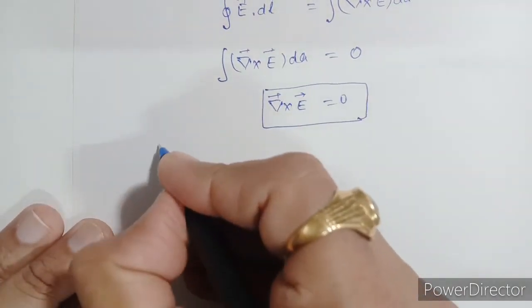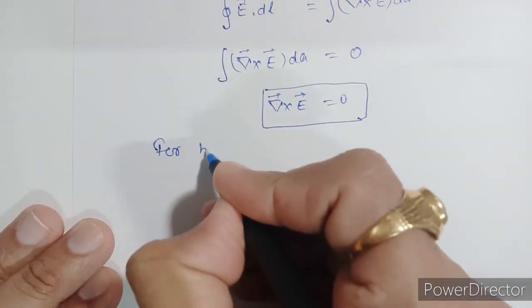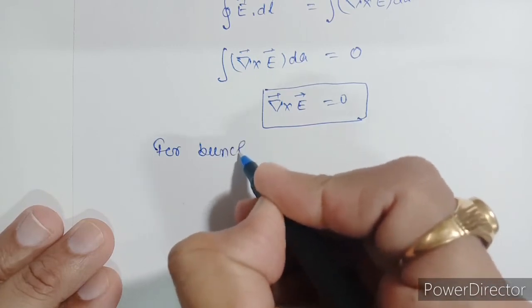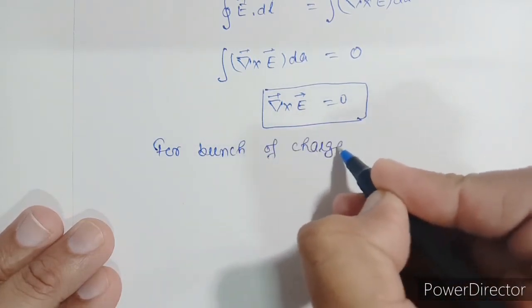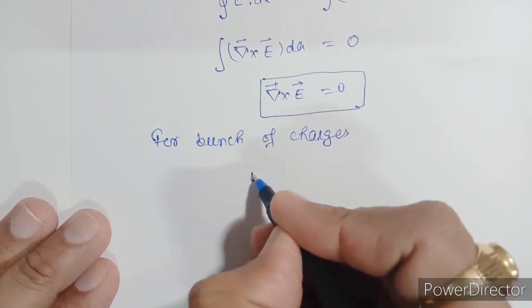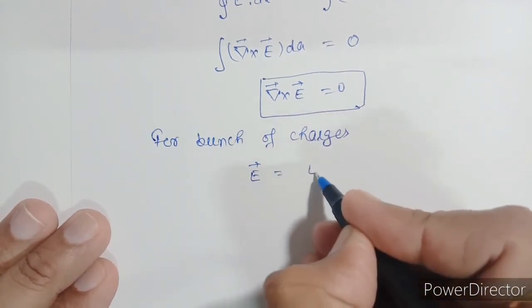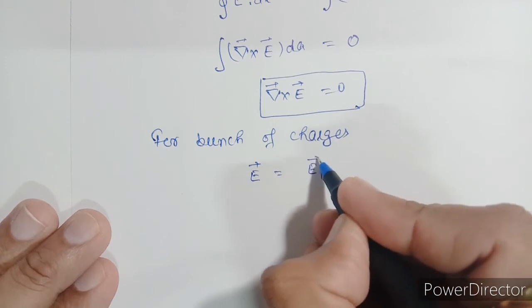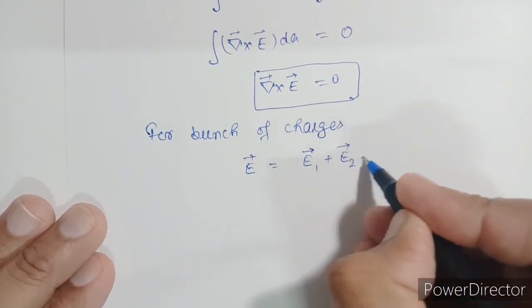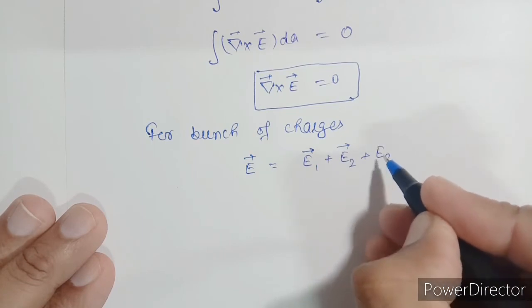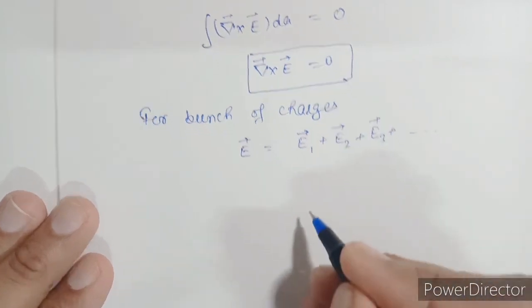Now for a bunch of charges, that is when we have a number of charges, the total electric field is the sum of the electric field for charge Q1, electric field for charge Q2, electric field for charge Q3, and so on.